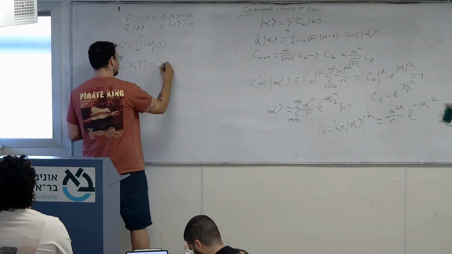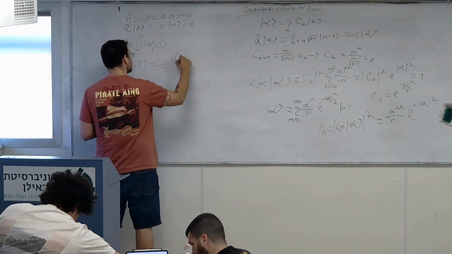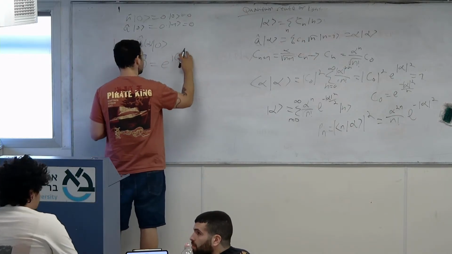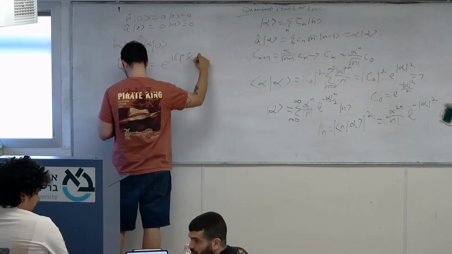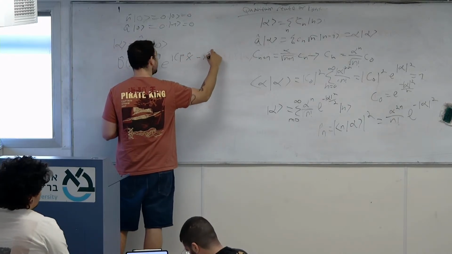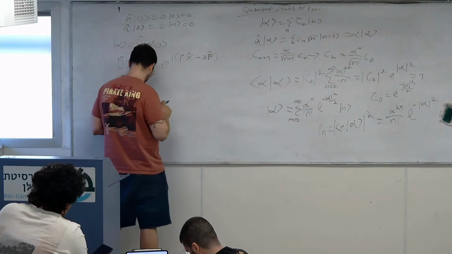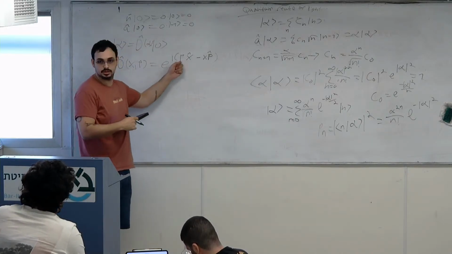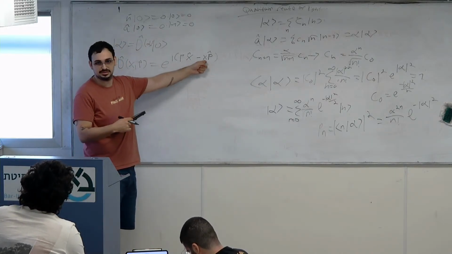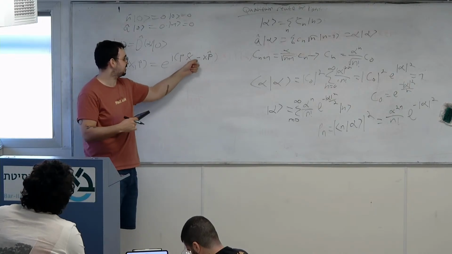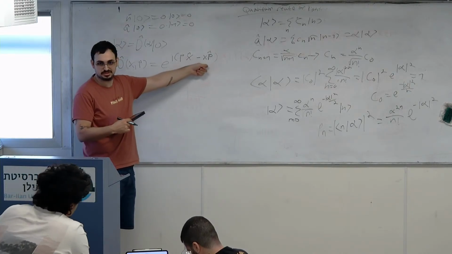In the X and the P, it's written as P hat X minus X hat P. Note that P and X are values, and X hat and P hat are operators.